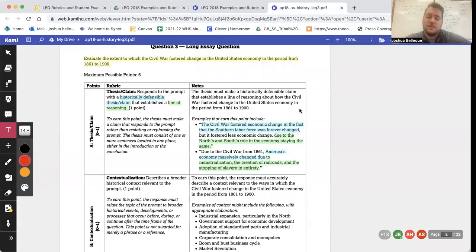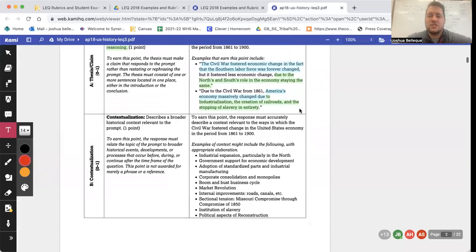But it also fostered less economic change due to the North and South's roles in the economy staying the same. So then we have our line of reasoning. The other one says that due to the Civil War from 1861, America's economy massively changed. There we have our claim, and then, due to industrialization, the creation of railroads, and the ending of slavery in its entirety, we have our line of reasoning. So that's the first step.